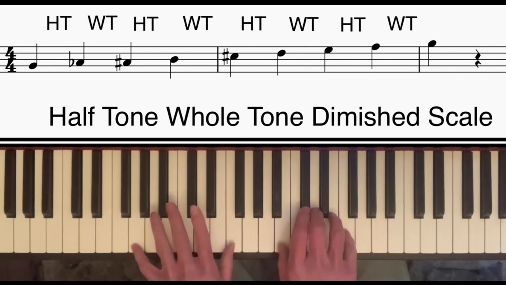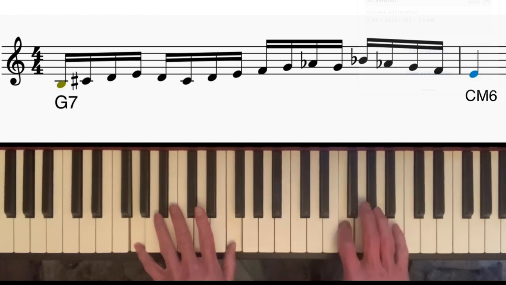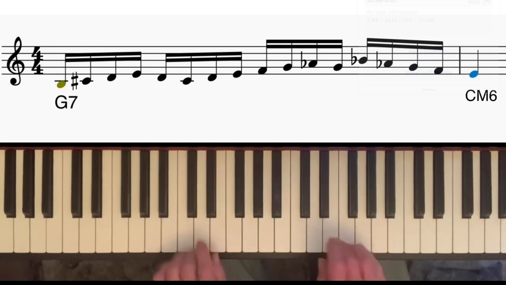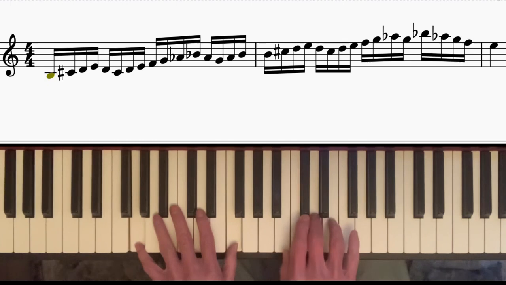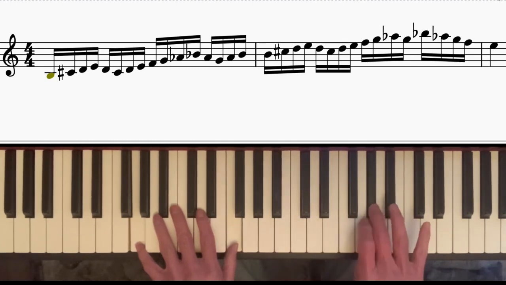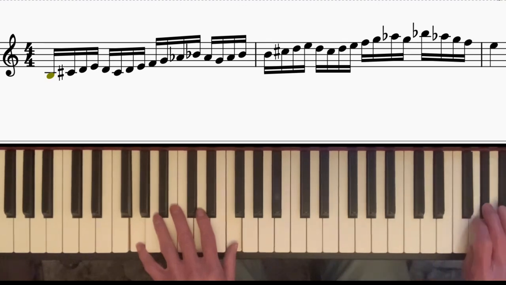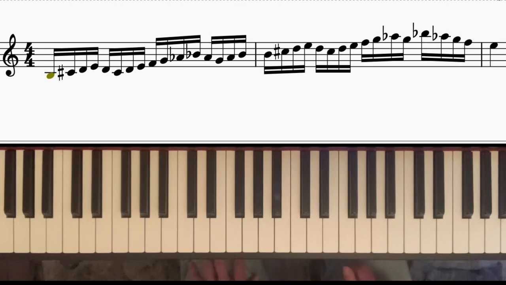I'll do it slowly this time. You can make little exercises out of that, go up 2 octaves. Come up with all kinds of little patterns on diminished scales, and they are really, really useful.